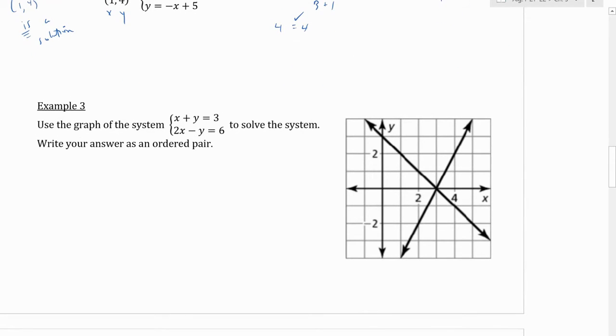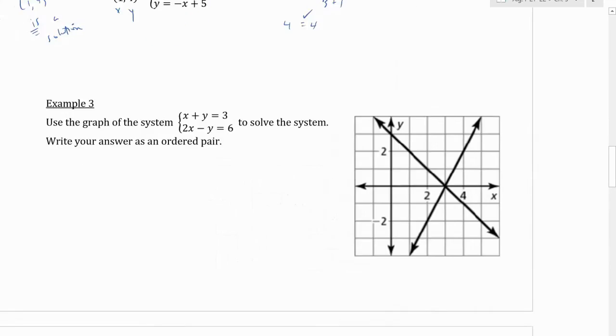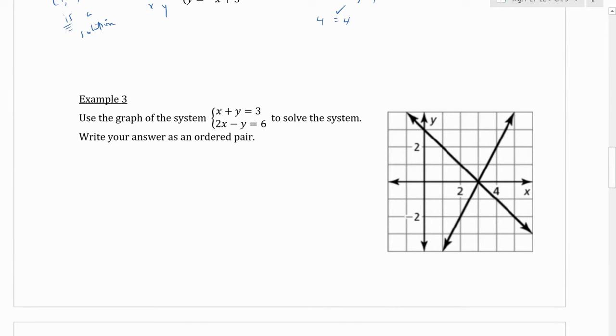So x plus y equals 3. Now, this one, it's already been graphed. Let's make sure you understand which one's which. Okay, so this is the line y equals, or we can just write it the way it was, x plus y equals 3. 2x minus y is 6.